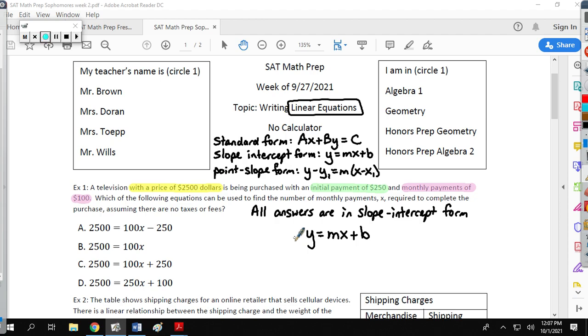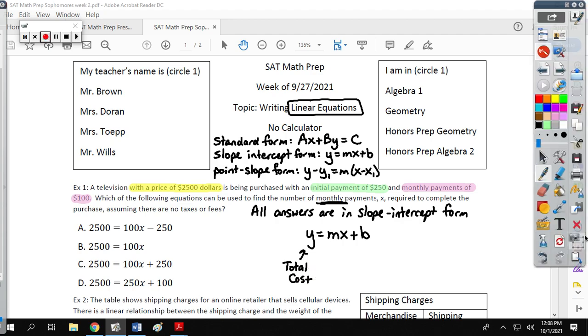Now remember that in slope-intercept form, the slope is a rate of change, meaning how much it would change per x, x being monthly, right? So what we've got here is the y is going to represent the total cost of the television, which we have in the problem. I've highlighted it in yellow, so the yellow number would go in here.